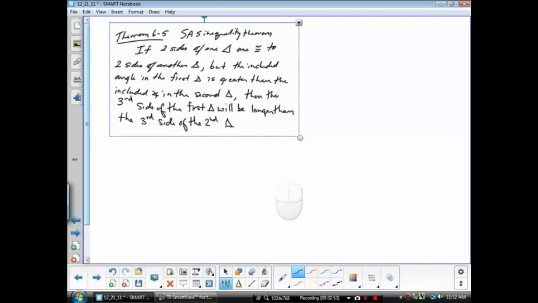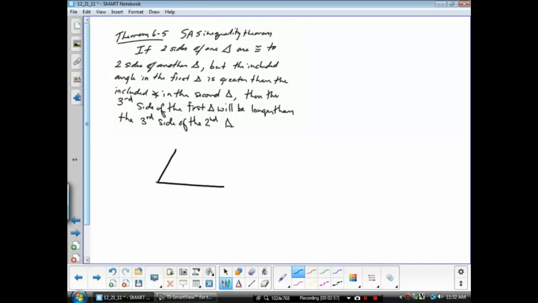So we start with two triangles where we have congruent sides. This side and this side are going to be congruent in both triangles. But we need to obviously be able to see that the included angle in the first triangle is in fact larger than the included angle in the second triangle.